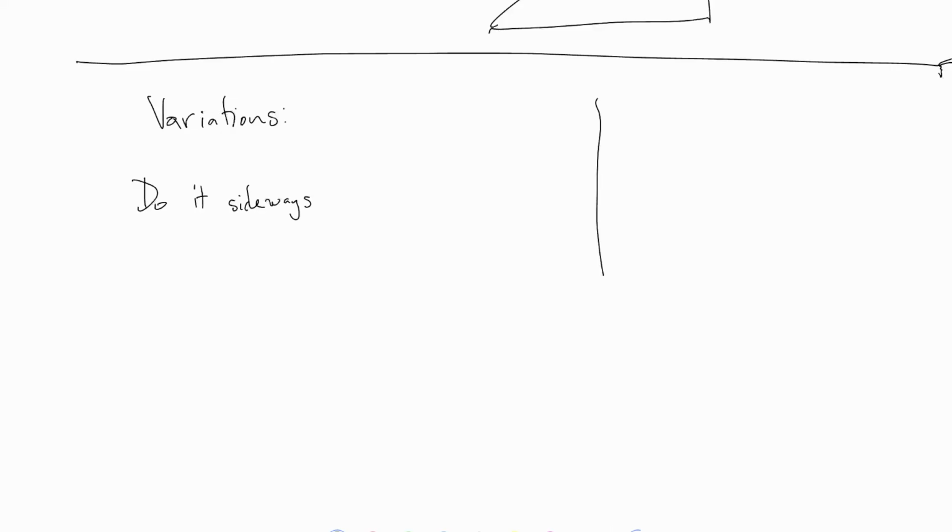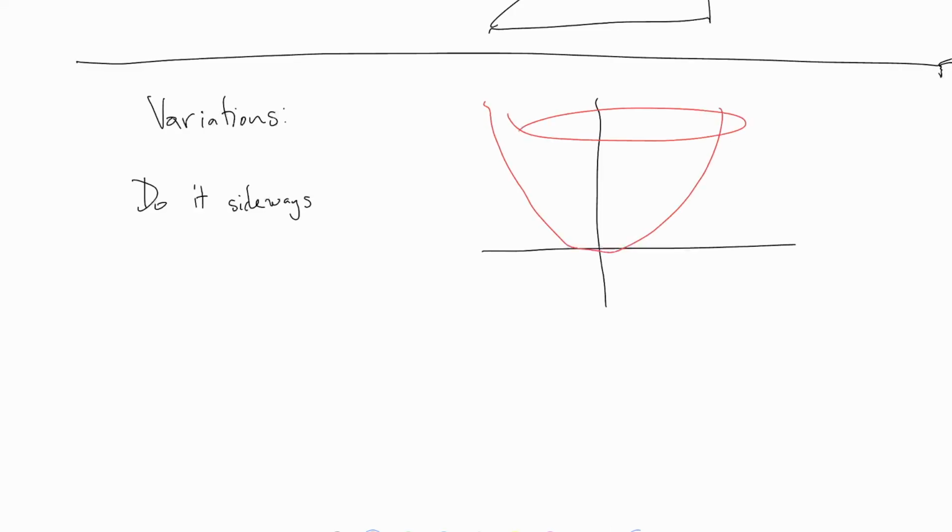So something like, how about the shape that you get if you start with a parabola, but then you rotate it this way around the y-axis instead of around the x-axis. This is a 3-dimensional sort of a bowl shape. There's actually a name for this. This is called a paraboloid.